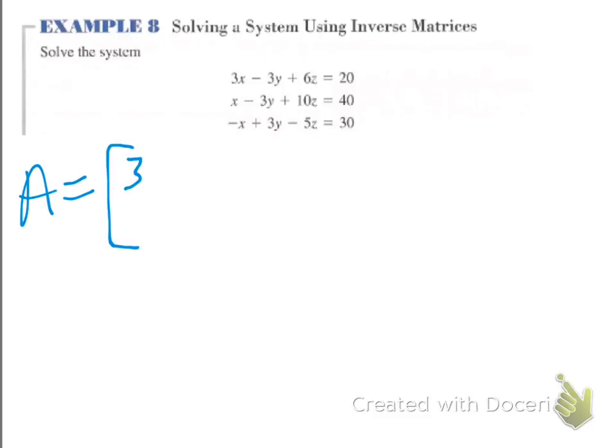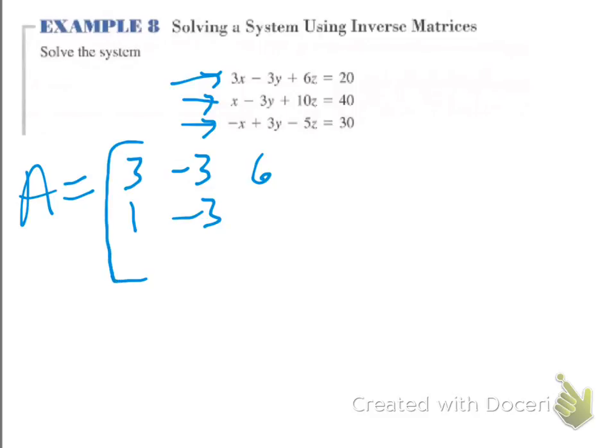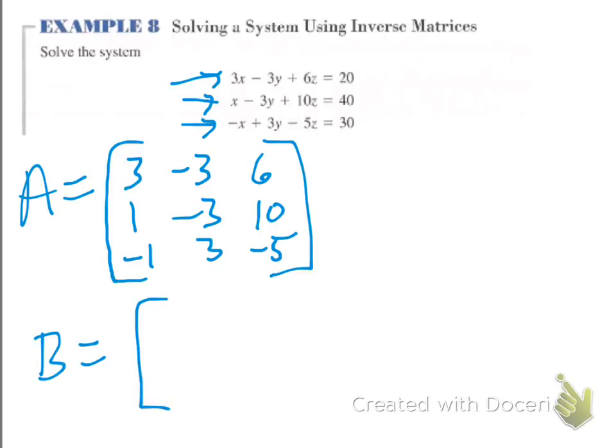Okay? 3, -3, 6. I'm just going coefficients right here. 1, -3. I wrote my numbers too big. Get that down there. There we go. 10, and then -1, 3, -5. B is a 3 by 1 this time, and it's these numbers right here, 20, 40, and 30.